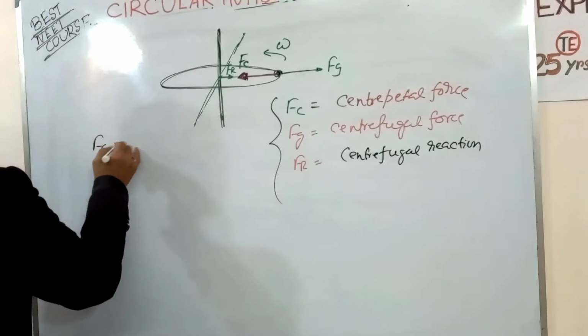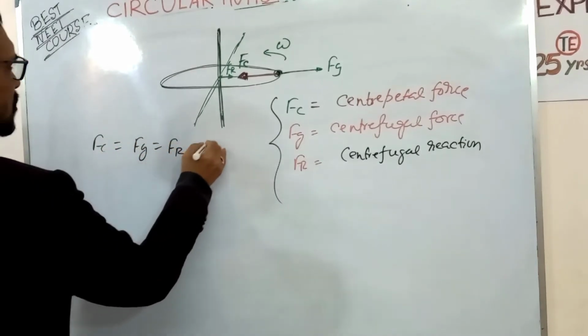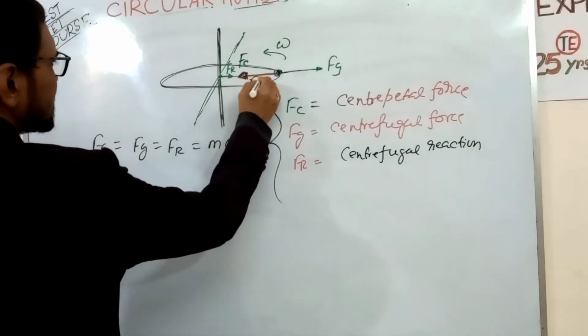Now Fc equal to Fg equal to Fr, which is equal to m omega square r. R is the radius of the circle.